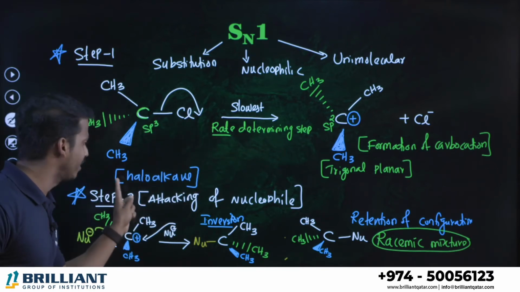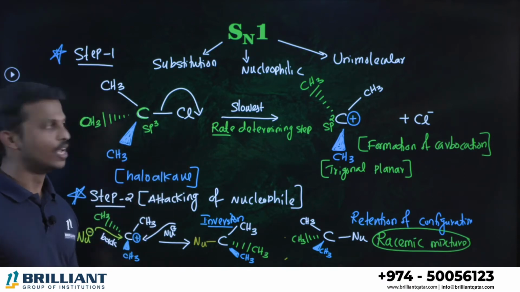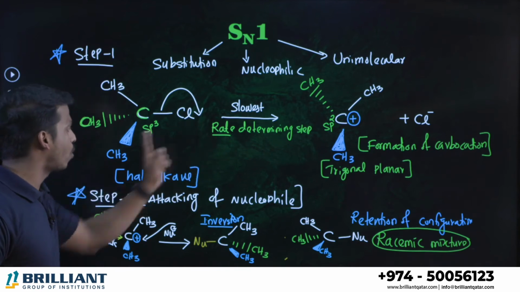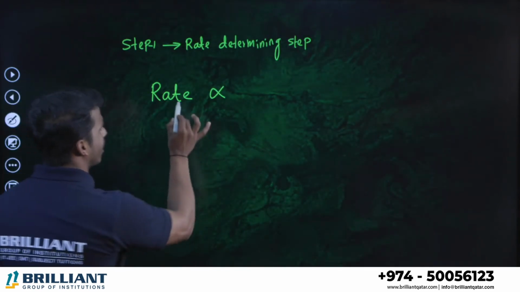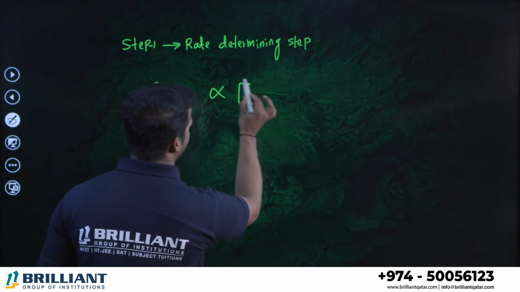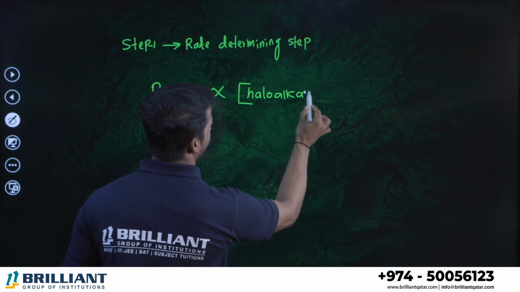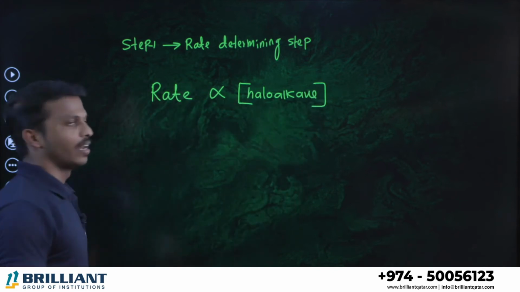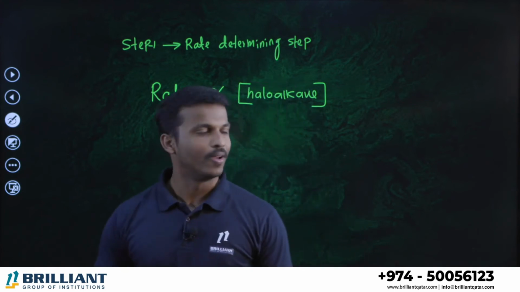Only one reactant, that is your haloalkane. So this rate determining step depends only on the concentration of haloalkane. We can say rate is directly proportional to the concentration of haloalkane. Clear all of you? Alright.